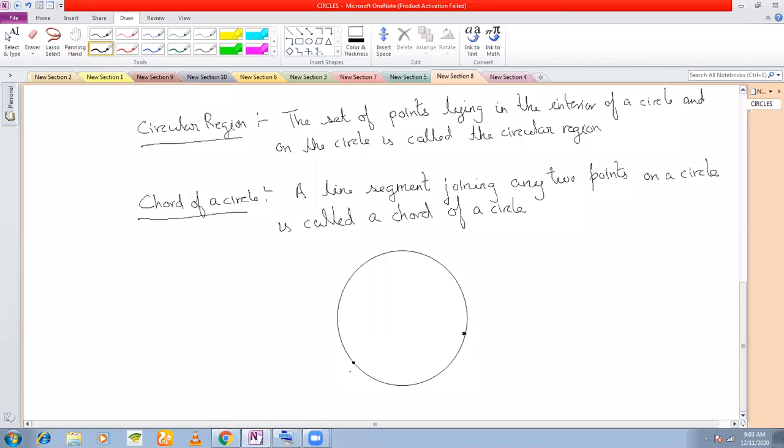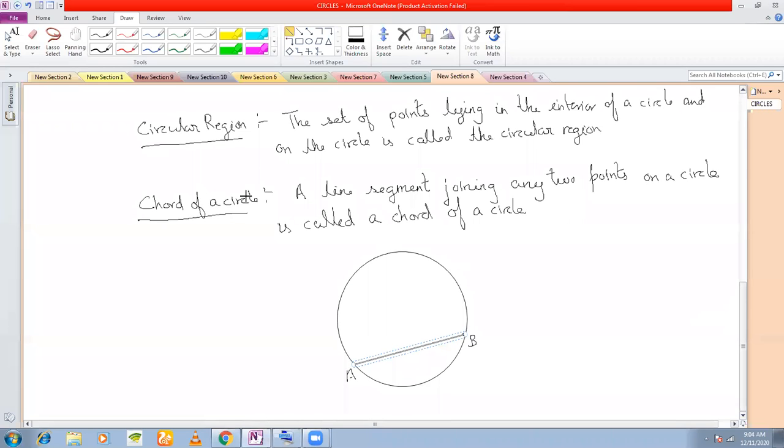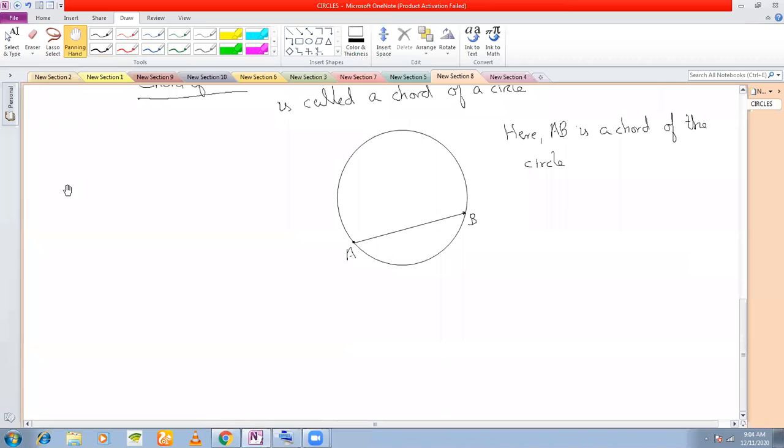Suppose I take these two points, A and B, and I join these with the help of a straight line. Then this AB is called the chord of a circle. Similarly, you can have infinite number of chords in a circle. So you can write here: AB is a chord of the circle. This is what chord means.